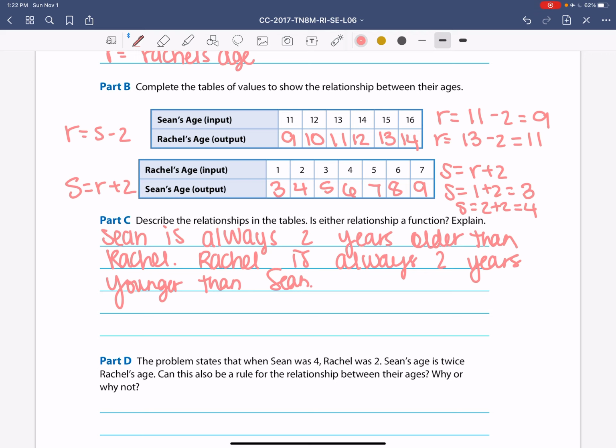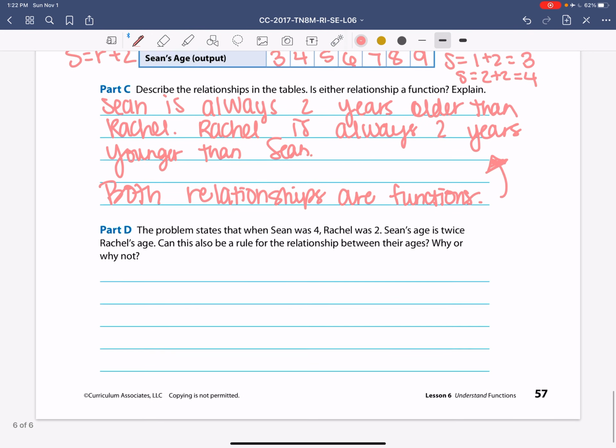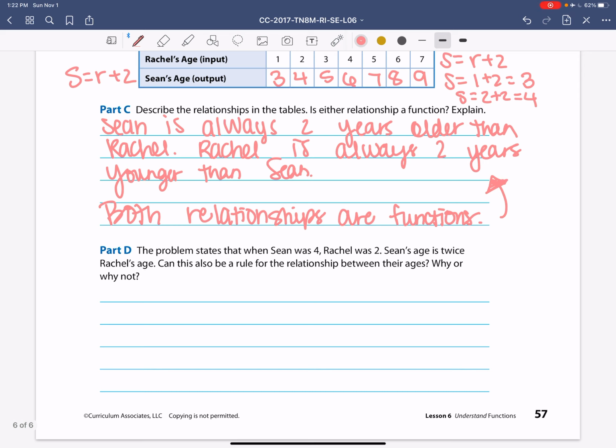So there is only one possible output for each input. The same is true using Rachel's age as the input. So is either relationship a function? Yes, both relationships are functions, and it's because of this. All right, and we'll go ahead and move on to part D, which is our last question.